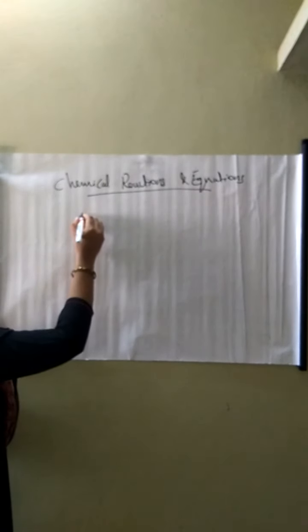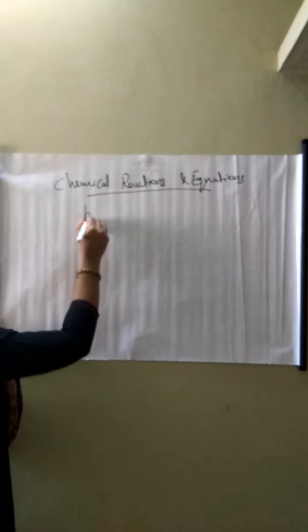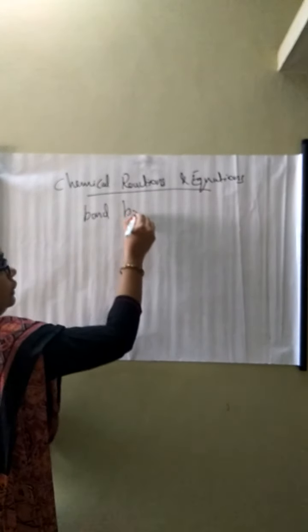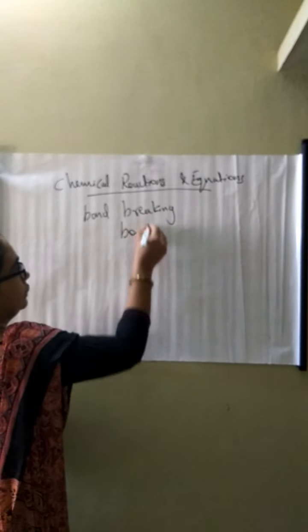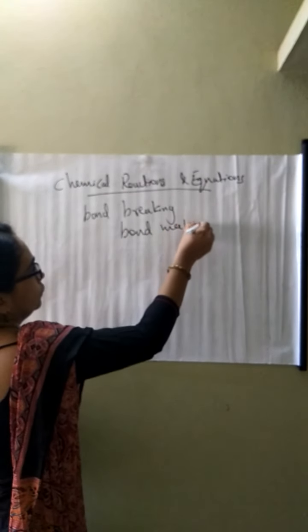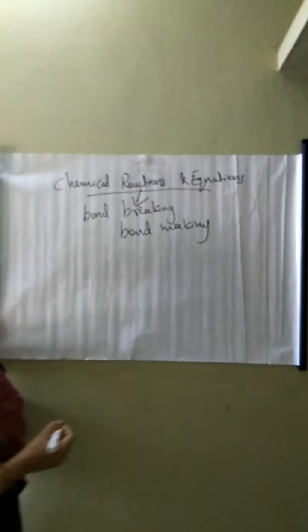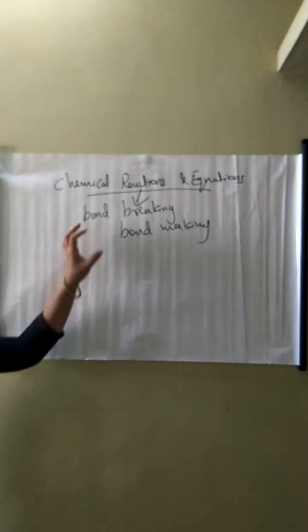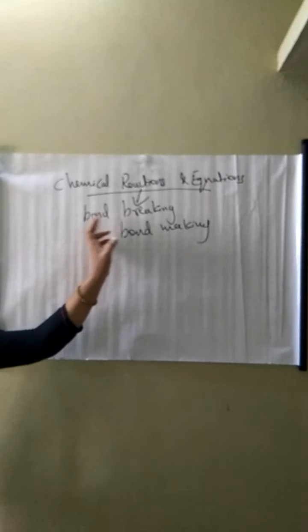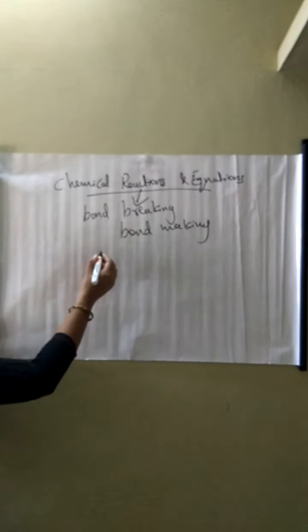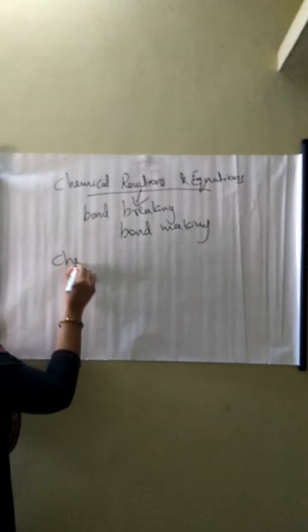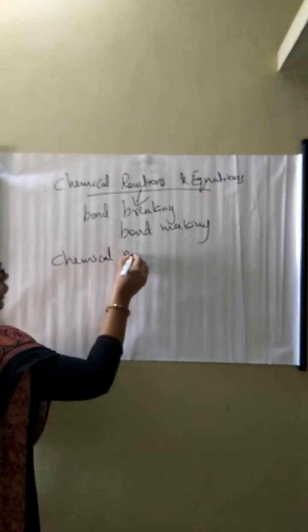A reaction means breaking of bonds and making of bonds. Chemical reaction means during a chemical reaction, bond breaking and bond making take place. And the symbolic representation of a chemical reaction is called a chemical equation.